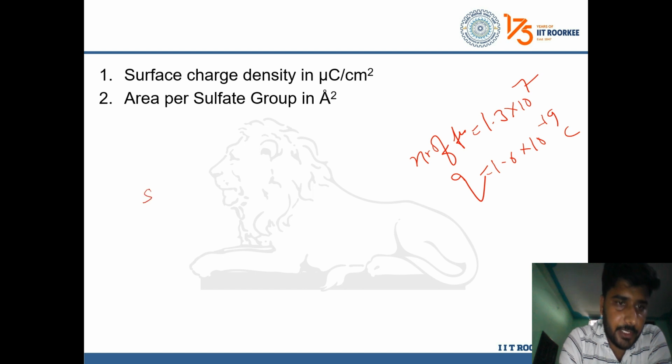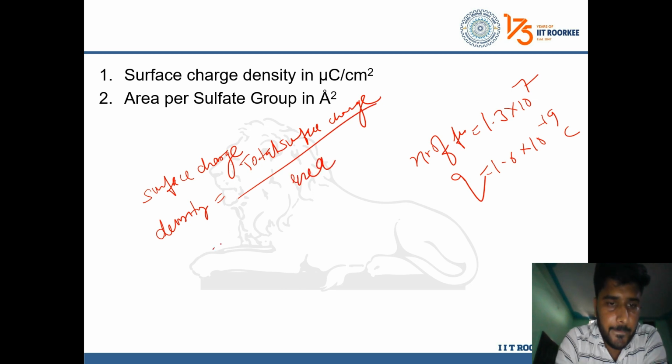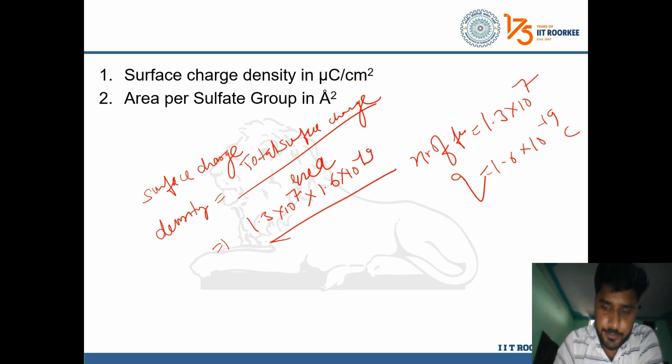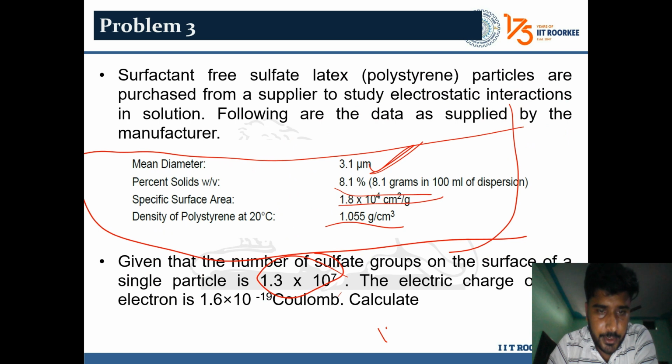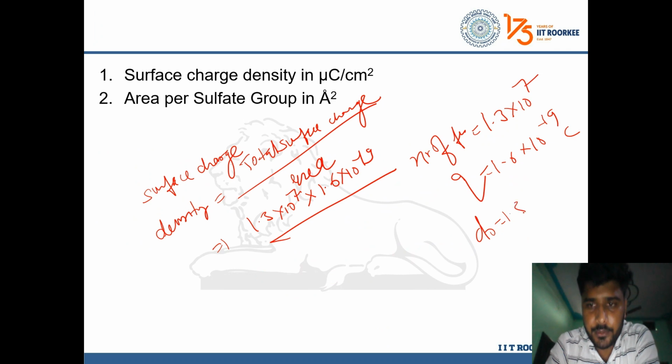The surface charge density will be equal to the total surface charge divided by the area. The total surface charge will be the number of functional groups multiplied by the charge. And here the diameter is also given. The diameter is 3.1 micron.